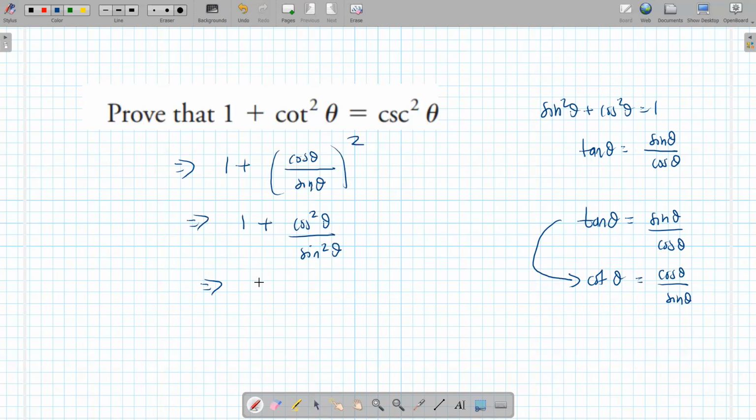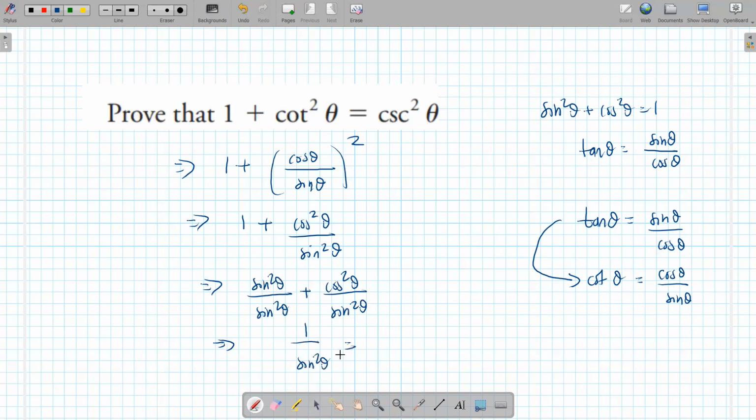So I'm going to multiply that 1 by sine squared theta on the top and on the bottom. Then you get cos squared theta here on the top and sine squared theta on the bottom. Now that they have the same denominators, we can combine the numerator. What's sine squared theta plus cos squared theta? We have the identity right up there. It's 1, right? And then you get 1 over sine squared theta.